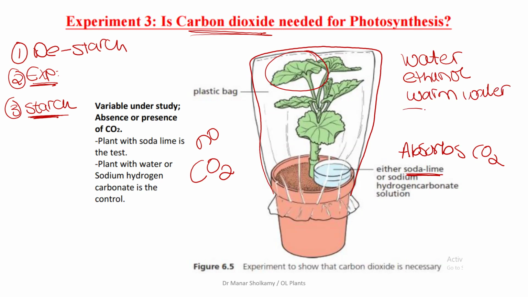And then the last step, I'm going to add my iodine and look for the color change. If the color changes from yellow-brown to blue-black, then this means the plant photosynthesized, and if not, it did not photosynthesize.